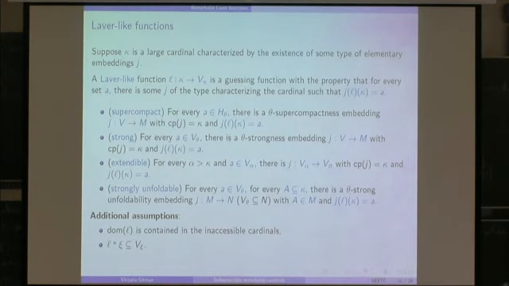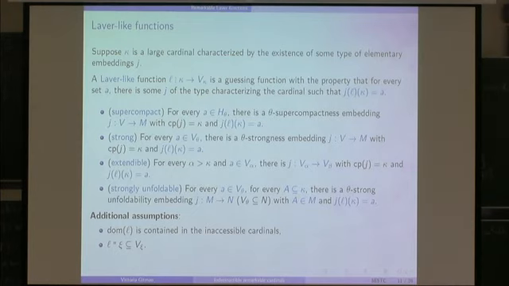For strongs, it would be for every A in V theta, there is a theta strongness embedding j such that j of L of kappa is equal to A, the same template. For extendibles, you would have for every A in V alpha, if you know the definition of extendibles, there's a j from V alpha to V beta with j of L of kappa equals A.